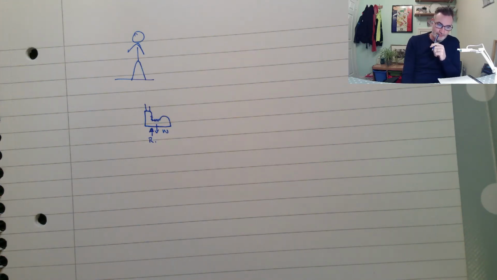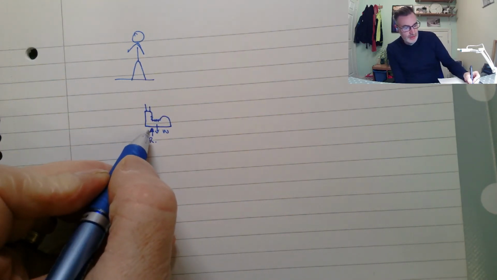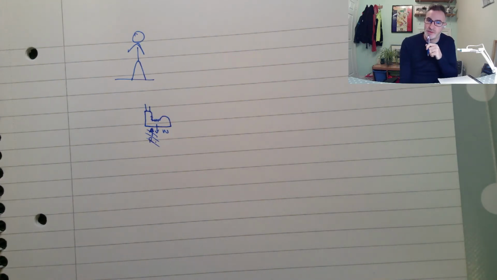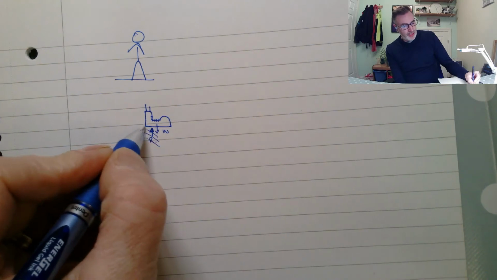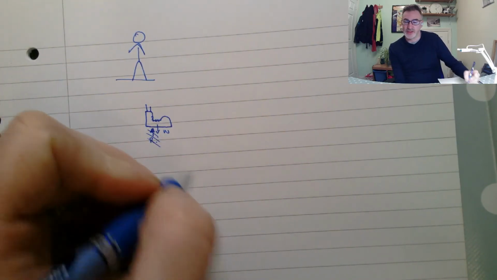Now, if you suddenly took away that, you would start to accelerate downwards and the pressure would be gone. You wouldn't feel any pressure on your foot anymore and you would be accelerating downwards at 9.8.